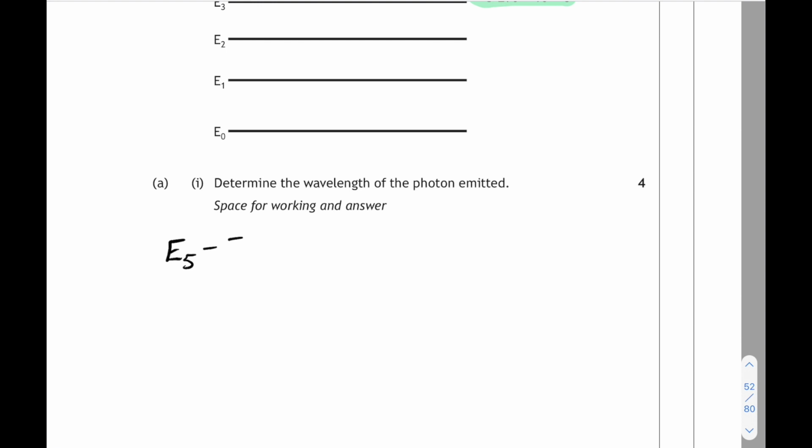So it's going to be the difference between E5 minus E3, and that will be equal to Planck's constant times the frequency of the emitted photon. Now, because we are interested in the wavelength, then remember f equals v over lambda, or c over lambda in this case because it's the speed of light that we're using. So I'm going to substitute in c over lambda for f in that relationship.